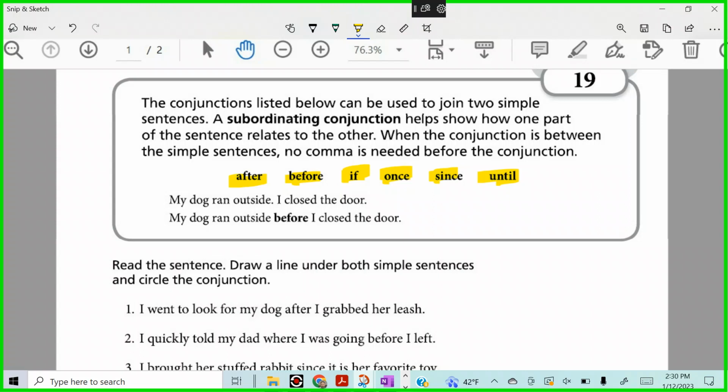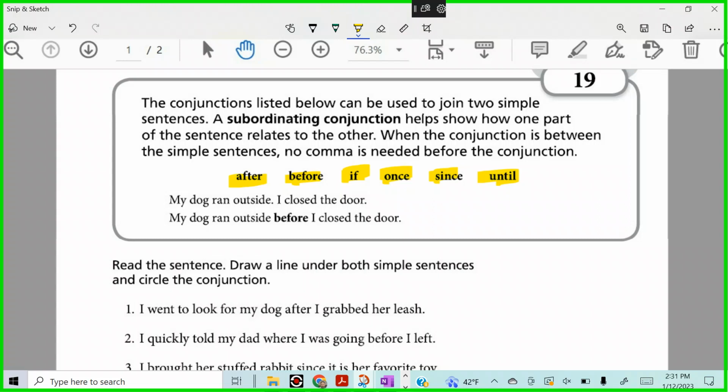It's dependent on the rest of the sentence. It's depending on an independent clause. An independent clause could be something like, I close the door. It's independent. It stands on its own. It doesn't need anybody else. It's got its independence. But a dependent clause is dependent on something else to make it whole, right?